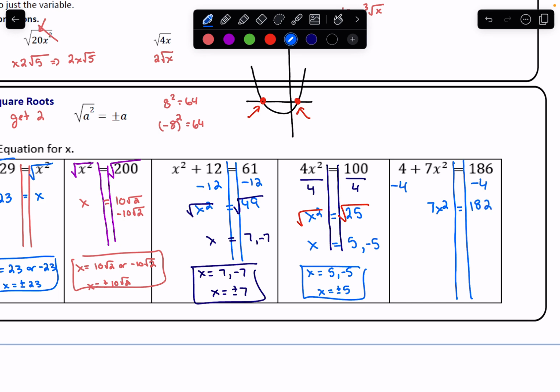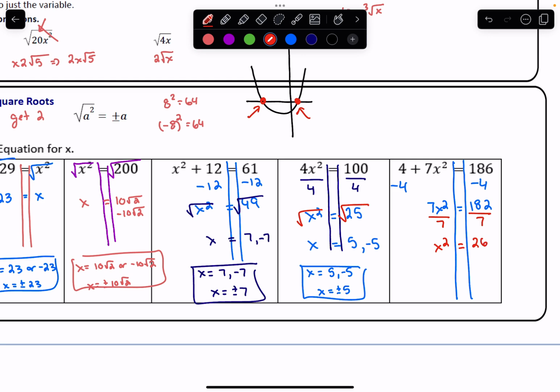And then I'm going to divide by 7. So x squared equals, let's see, 182 divided by 7 is going to be 20, oh man, what is it? It's going to be 20-something. I should know that one. 26, that sounds right.